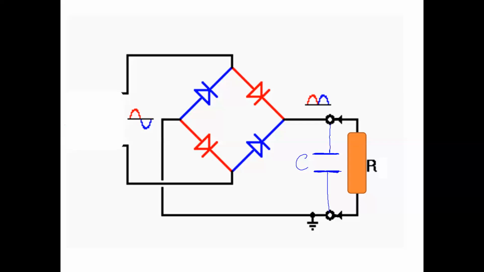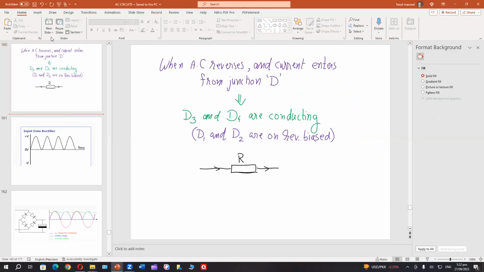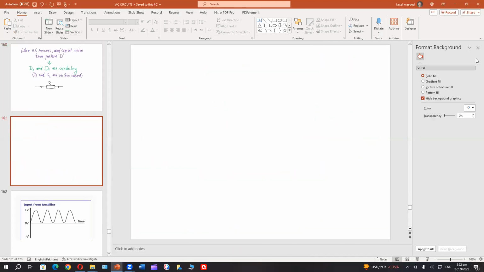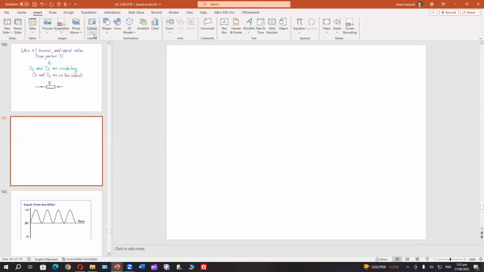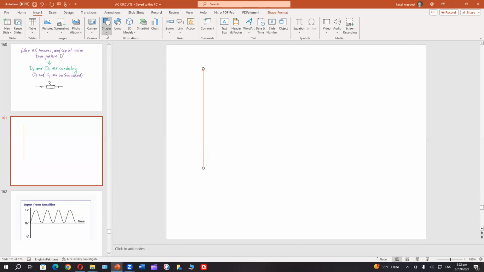So after copying that circuit, after copying that description, you have to write under it that the output is full wave rectified DC.